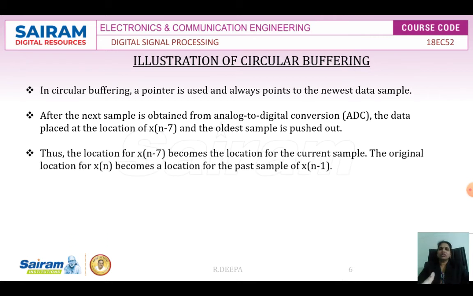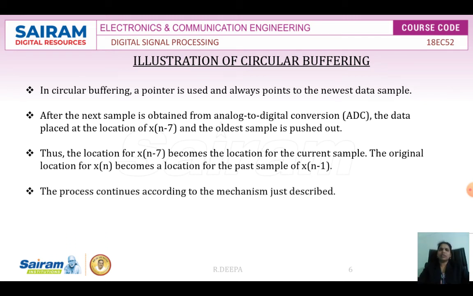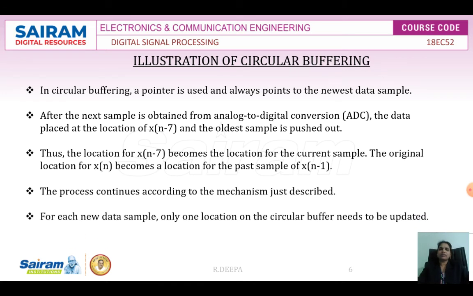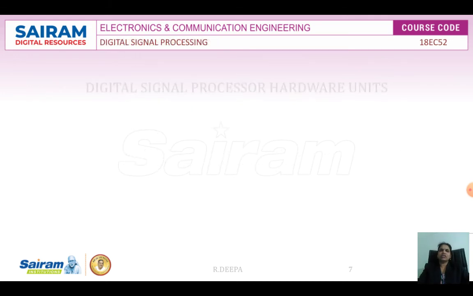Now the location of x of n minus 7 becomes the new location for the current sample, and the original location of x of n becomes the location of the past sample, and this will continue. For every new data we input inside the circular buffer, only one allocation is needed, that is, only one buffer location needs to be updated.